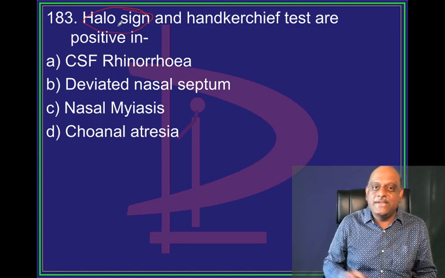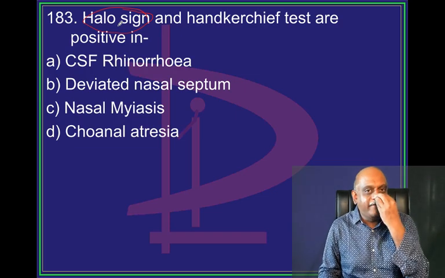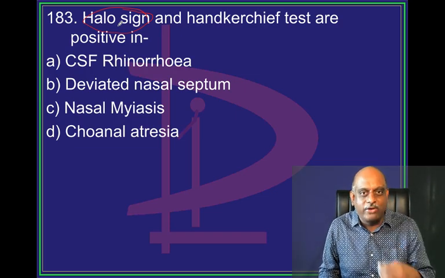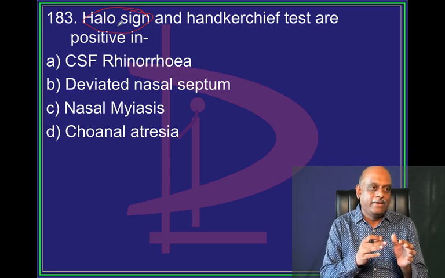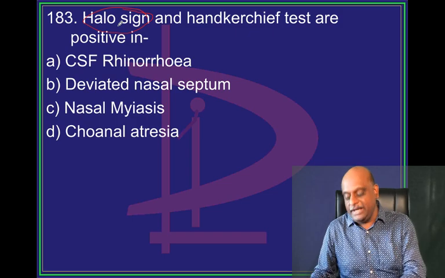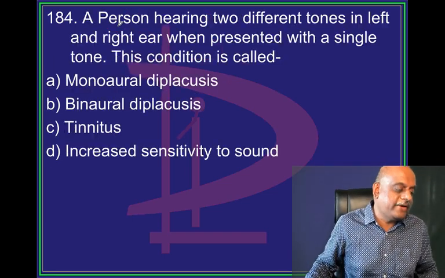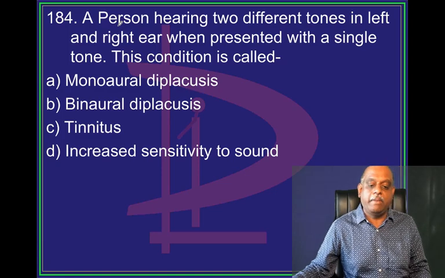Typically in the rainy season people will skid on the bike. Then there is a worry whether what is leaking out of the nose is mucus or CSF. Halo sign on the handkerchief will help to identify the CSF rhinorrhea, is what you need to remember.